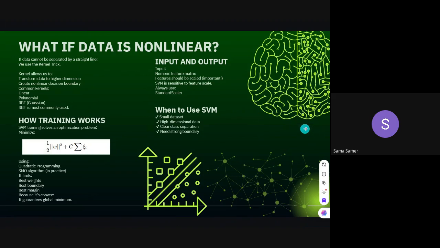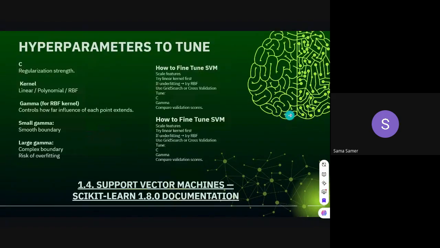When do we use an SVM? We use it for small data sets, high dimensional data, class separation, or something that needs a strong boundary. For hyperparameter tuning, what do we tune if the model doesn't have the accuracy we need? We tune C, the regularization strength, especially when using soft margin.